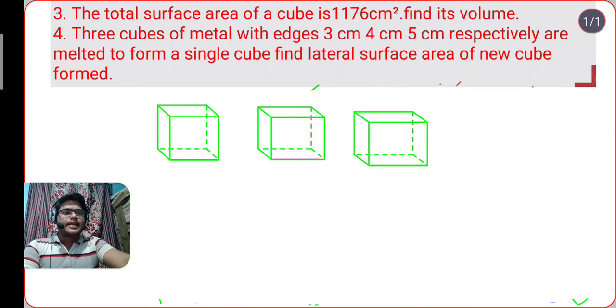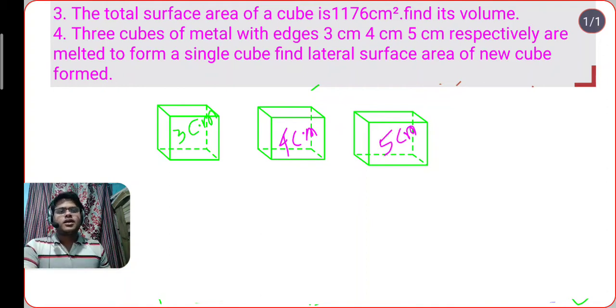The question says that the first metal cube has an edge of 3 centimeter, the second one is 4 centimeter, and the other one is 5 centimeter.